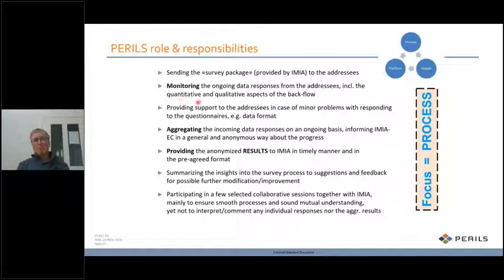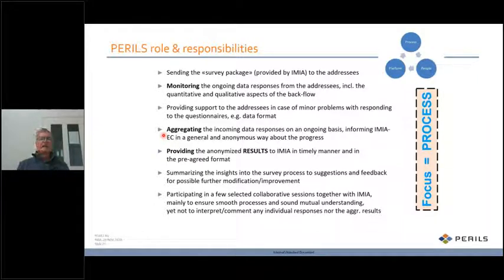Some companies may have some problems with the required format, so we might step in there and give some advice. At the same time, Perils starts aggregating these incoming data responses on an ongoing basis, informing IMIA or the IMIA Executive Committee at certain time intervals, always in an anonymous way, about the progress, how the responses come in.